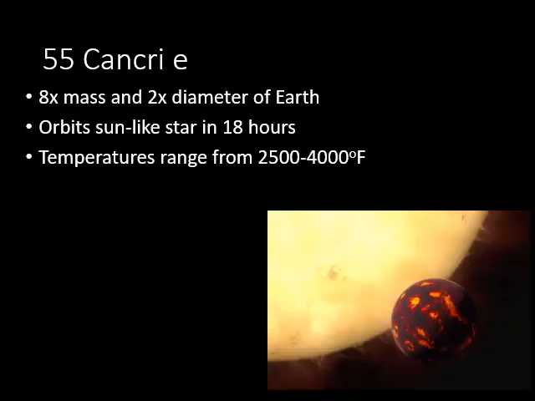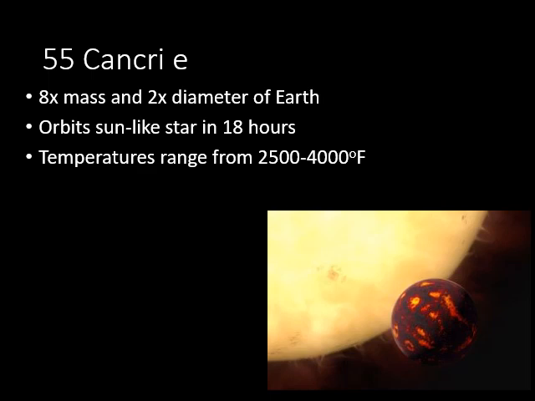Here's a cartoon showing 55 Cancri E. You can see there's a star here, and the rocky planet is represented right next to it. And it looks like it's drawn kind of hot and molten in the picture. That's because the planet is so close to the star, it must be incredibly hot.